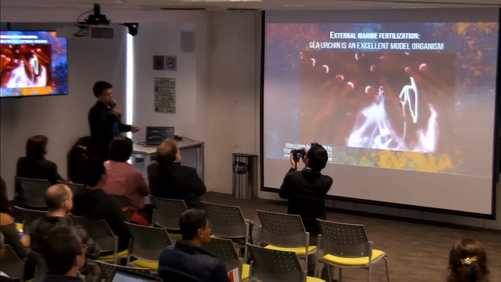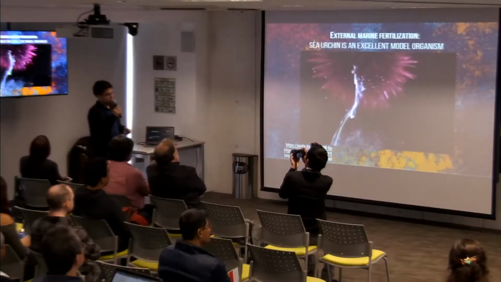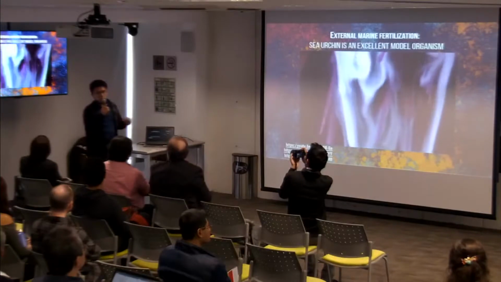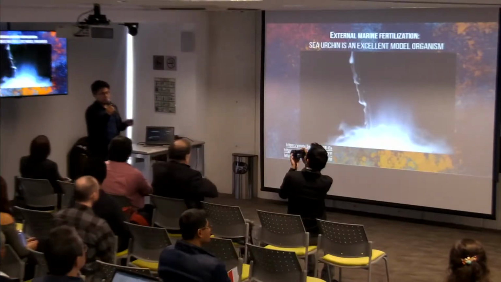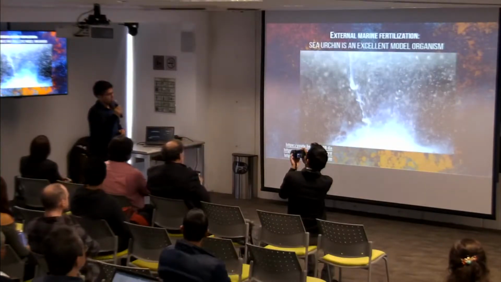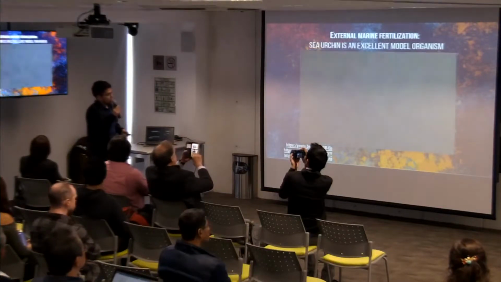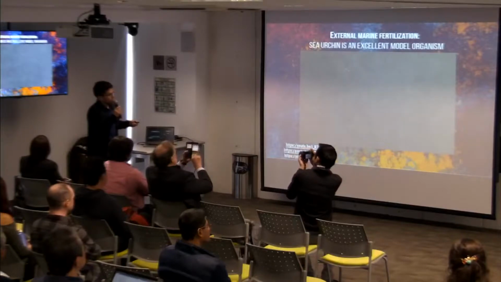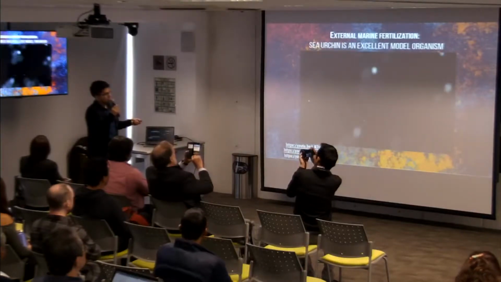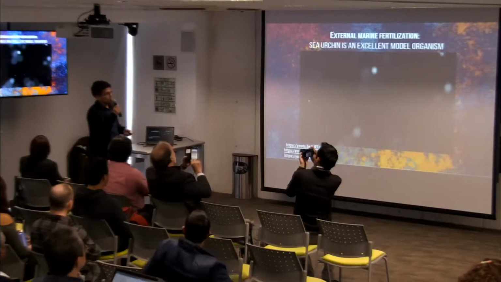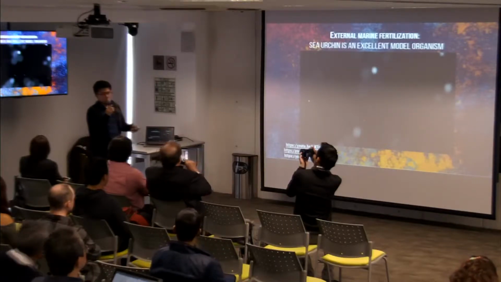This amount of cells might seem like too much, but females and males don't release these gametes precisely at the same time. There may be some predators going on. Given that this is external fertilization, it's very easy to reproduce the environment in a laboratory.